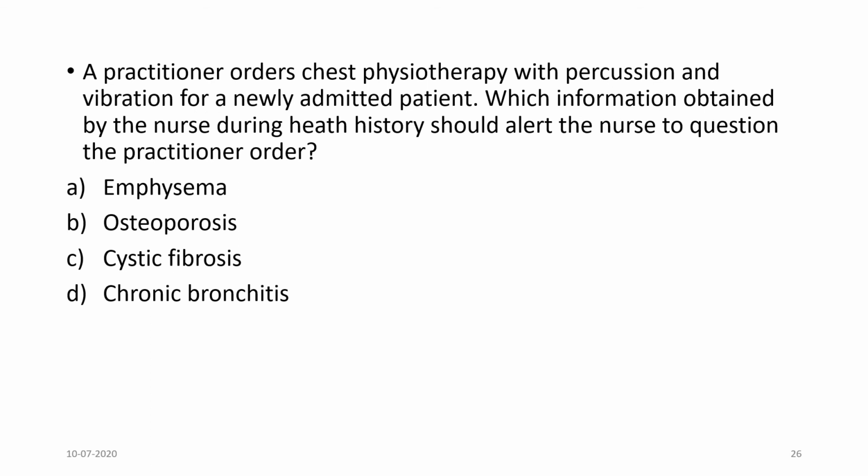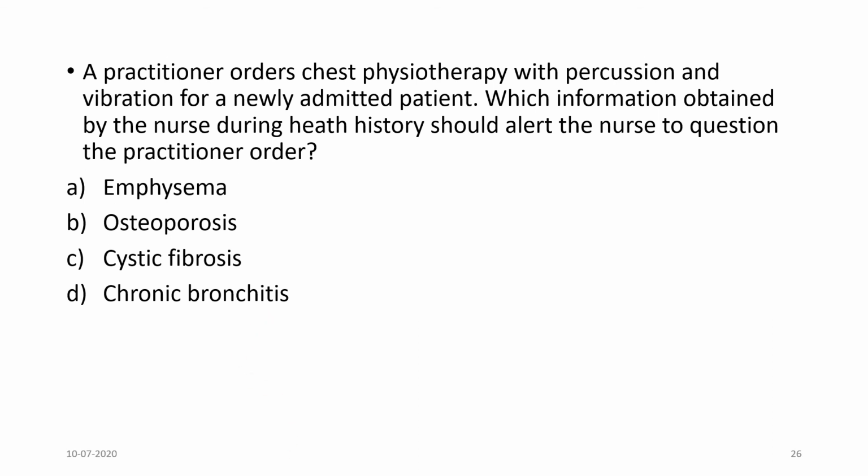Our last question. If a practitioner orders chest physiotherapy with percussion and vibration for a newly admitted patient, which information obtained by the nurse during the health history should alert the nurse to question the practitioner's order? First, emphysema; second, osteoporosis; third, cystic fibrosis; and last, chronic bronchitis.